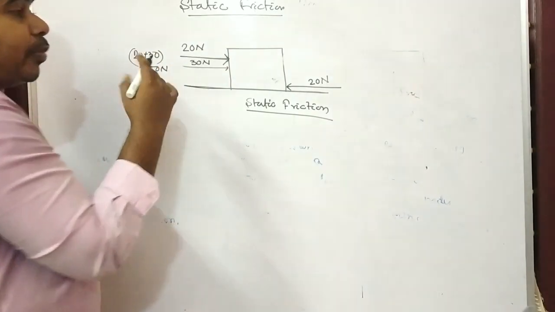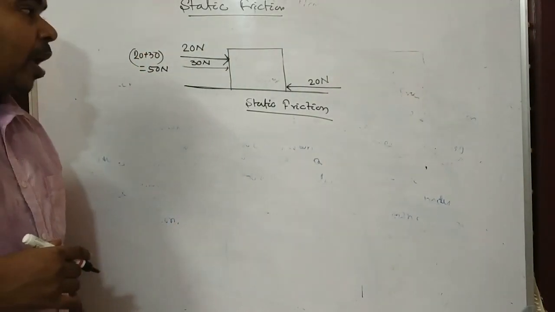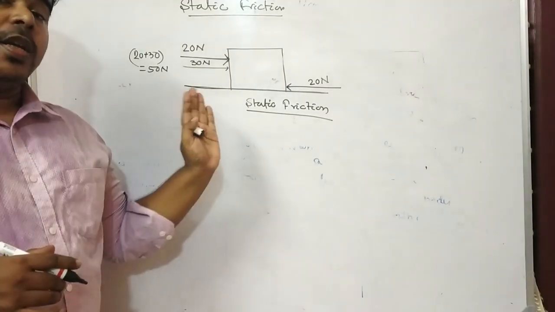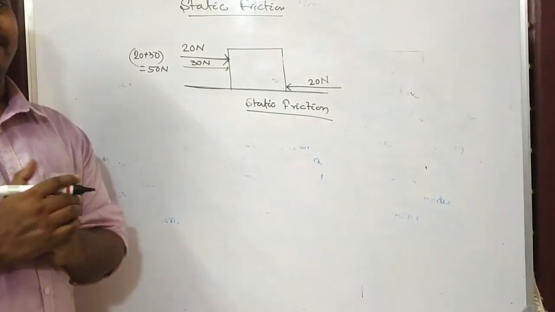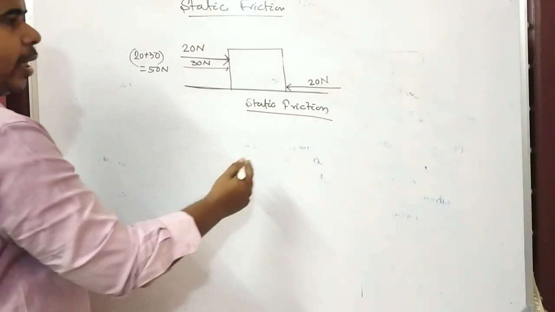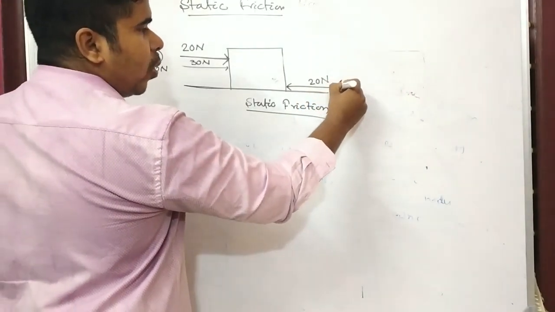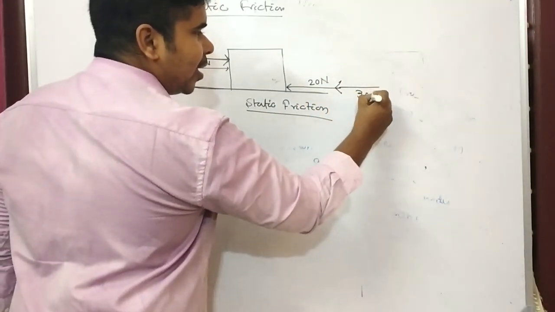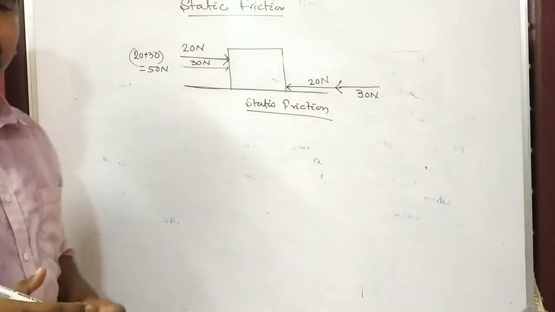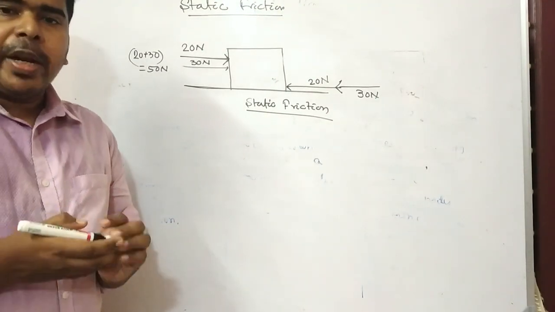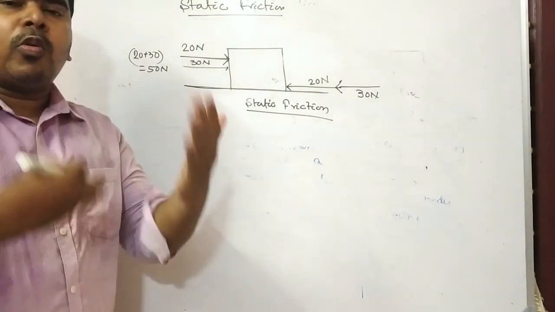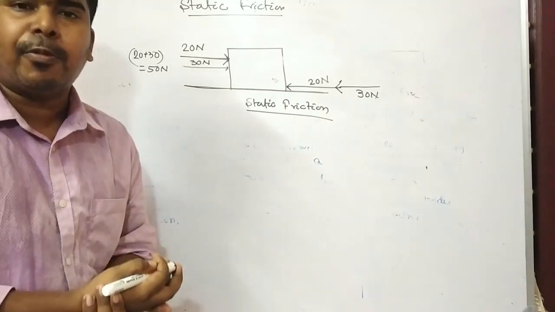So you are applying 50 Newton force to a body, but still the body is not moving. That means the static frictional force has also increased by 30 Newton.